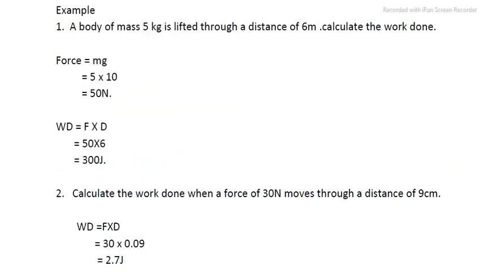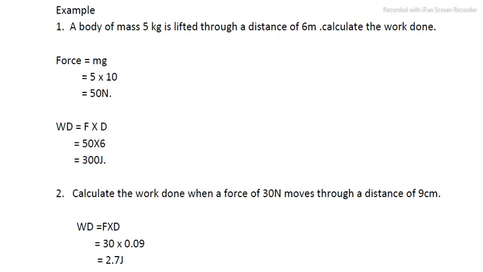Our example 1 says a body of mass is lifted through a distance of 6 meters, and we are supposed to calculate the work done. But we've seen that the work done equals force times the distance traveled in the direction of force.